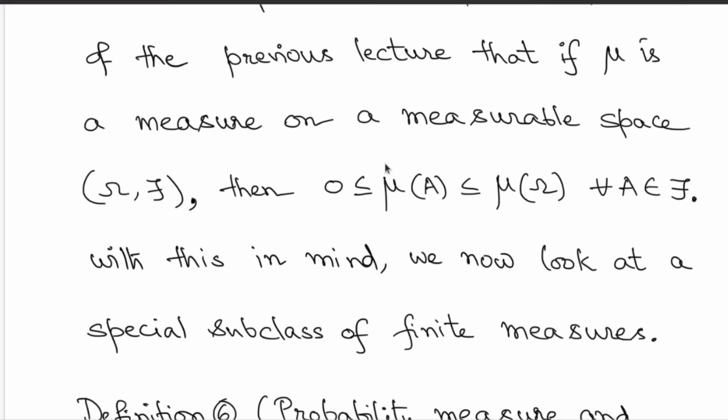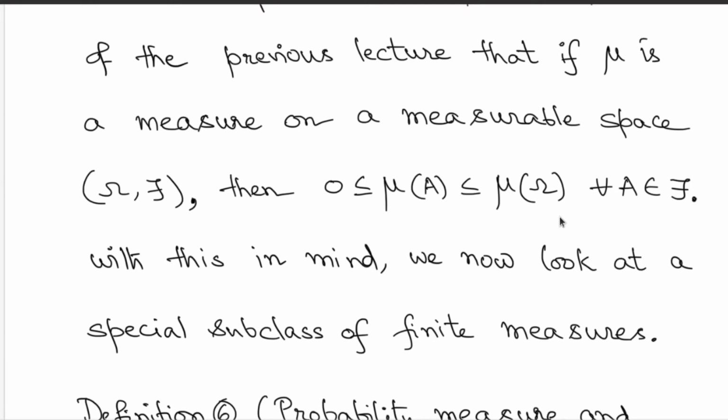So mu of A is the size of that set according to that set function way of measuring, and it is dominated from above by mu of the whole omega. Alright, so omega is the whole set. What it says is that the maximum value achieved by this function mu is achieved at the whole set, and this is the maximum possible value.